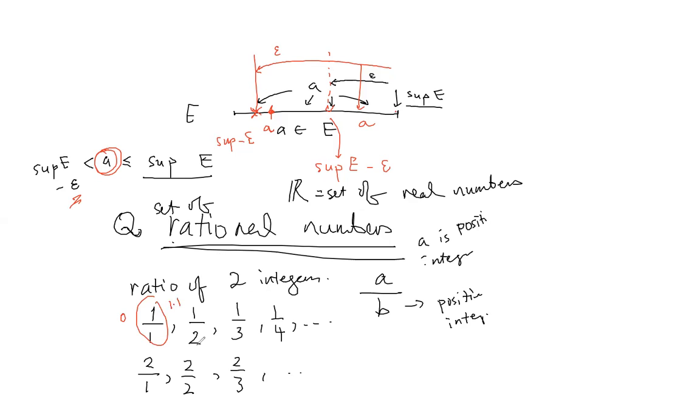And for this one, you can imprison it with maybe, let's say, 1 over 2 plus a small number, epsilon, and 1 over 2 minus some small number, epsilon. This epsilon can be just anything.